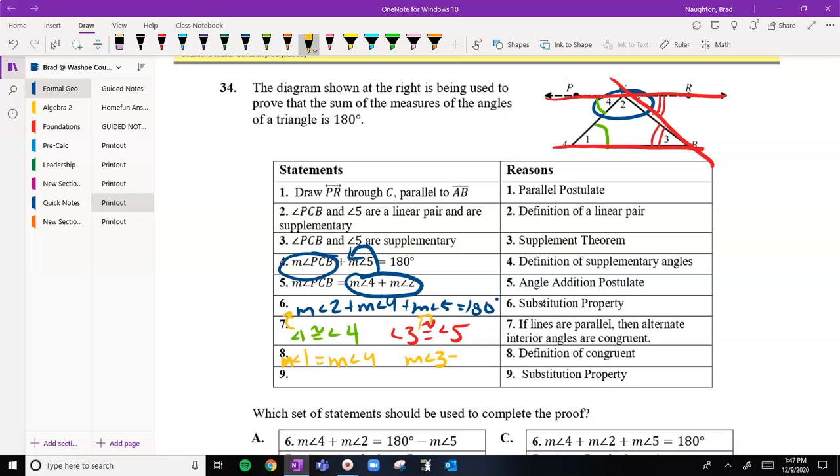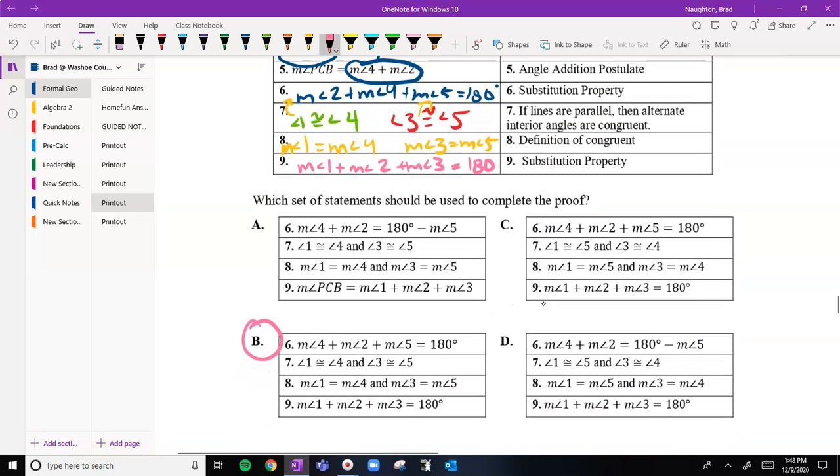The measure of angle 3 is equal to the measure of angle 5. And then plug them in. So 1, 2, 3, 180. And so all those reasons, again, are B.